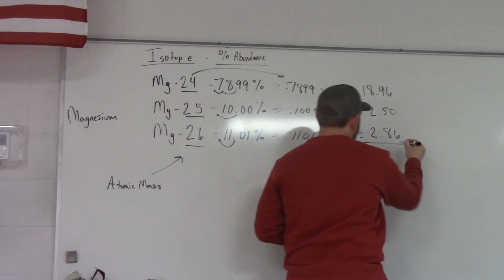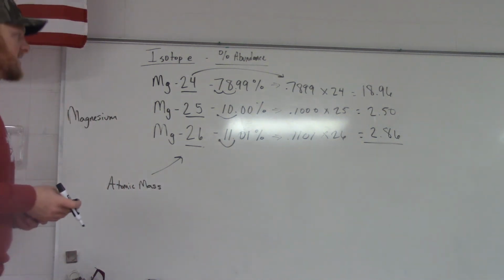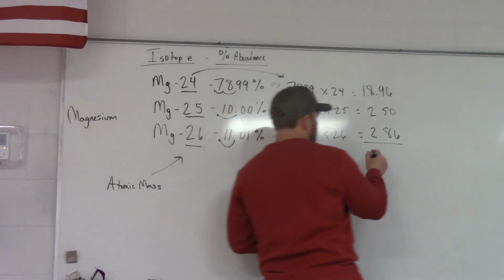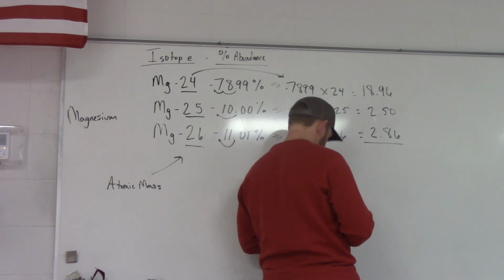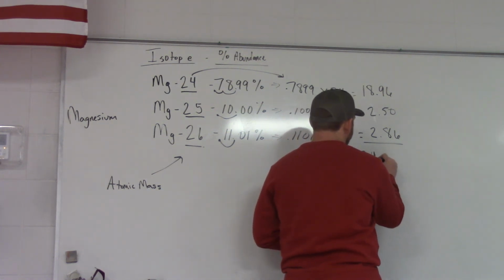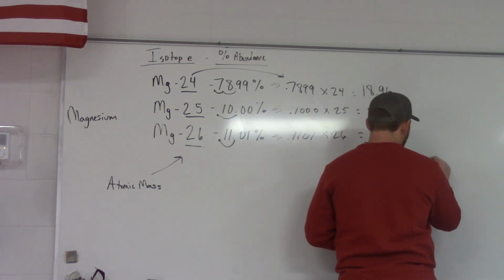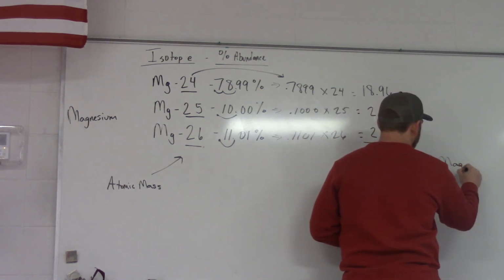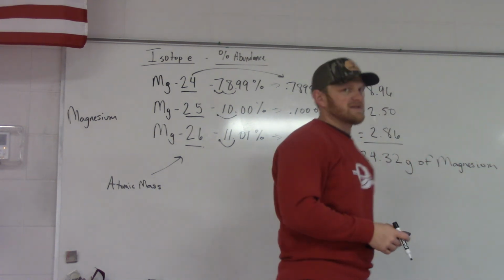Now, to find the average atomic mass, all I have to do with those three numbers is add those three numbers together. 18.96 plus 2.50 plus 2.86, we get 24.32 grams of magnesium. That is the average atomic mass of magnesium.